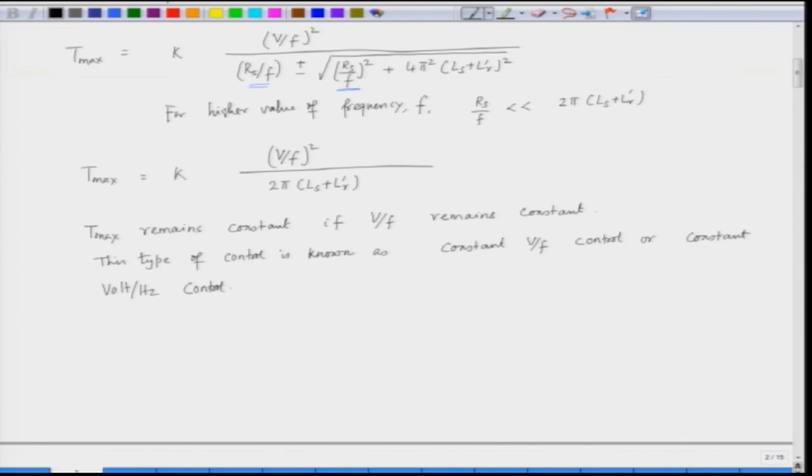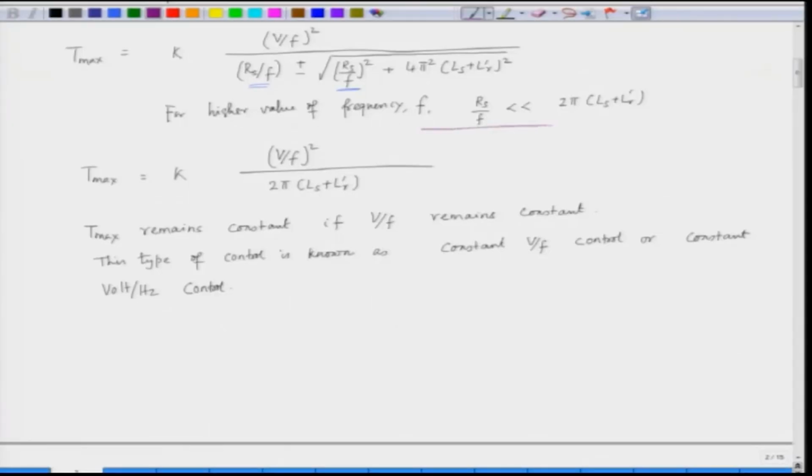So, this is the reason why we have to keep the V by f constant, but we have ignored the stator resistance. Our assumption is that for higher value of frequency f, R s by f can be neglected. What about if the frequency is low? If the frequency is low, R s by f can no longer be neglected.